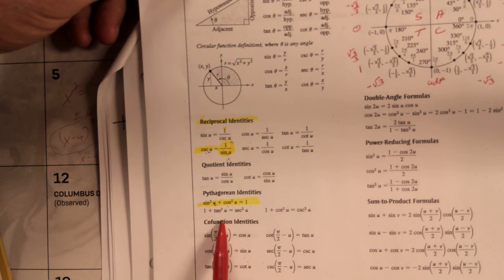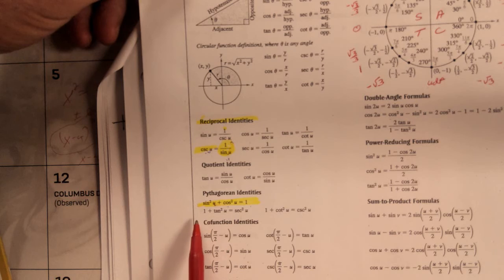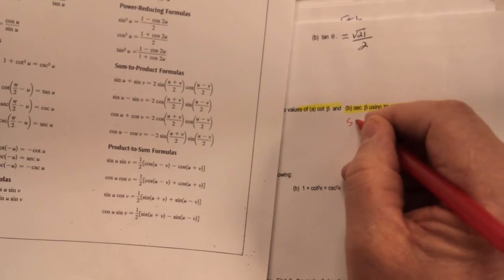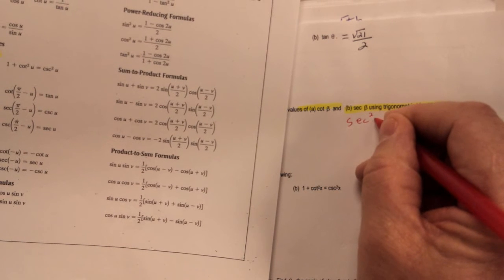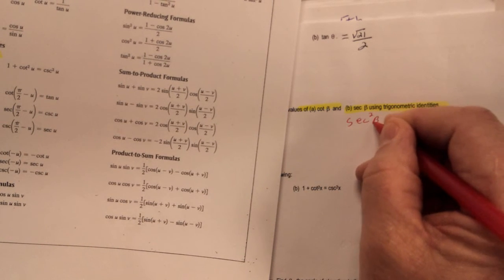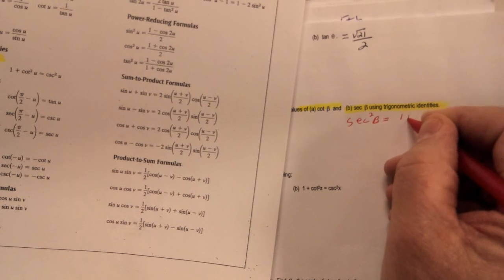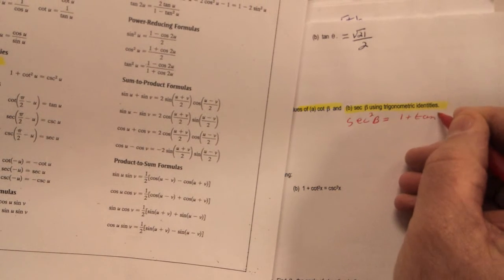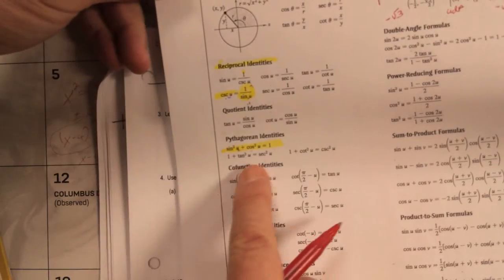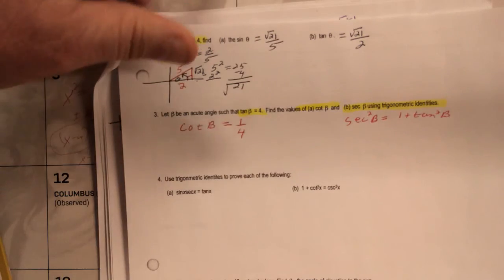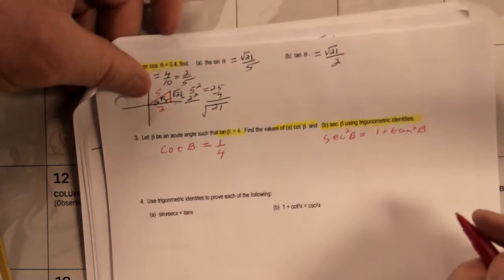I know the tangent, so I know the tangent squared. So I'm going to write secant squared beta equals 1 plus tan squared beta. Now they use a u there. You can use a beta, a theta, whatever you want to use. I like theta the best, but they use lots of different ones.